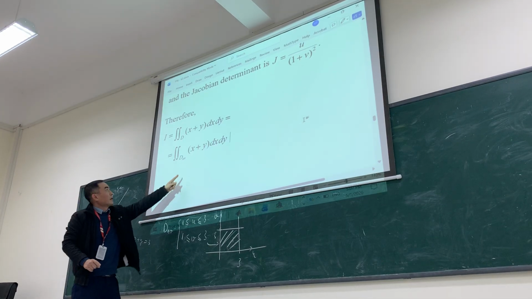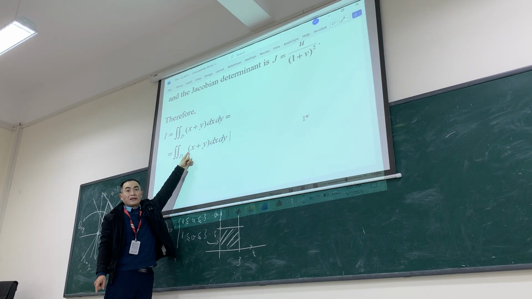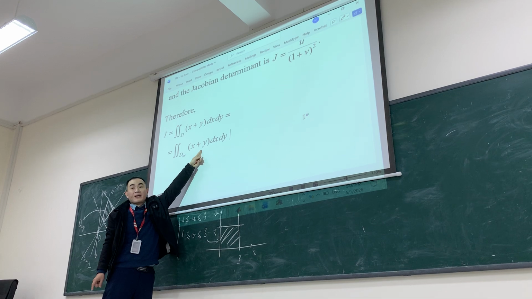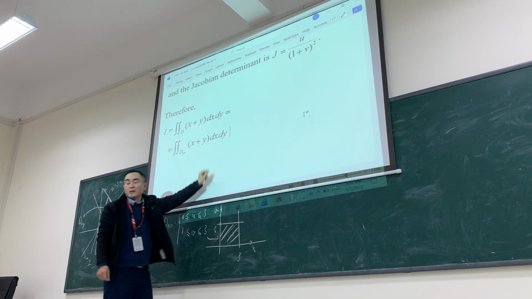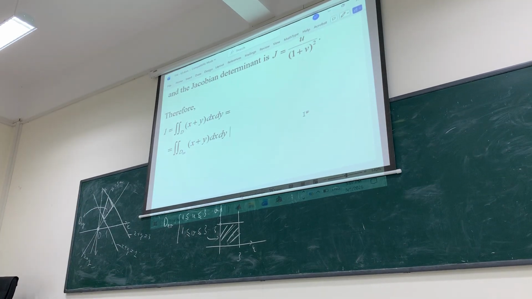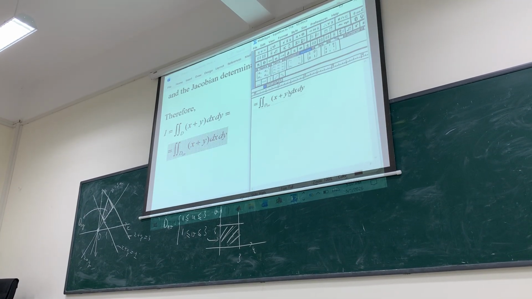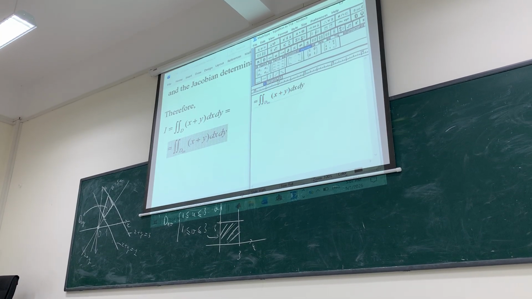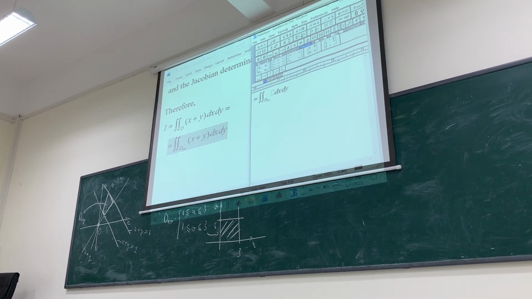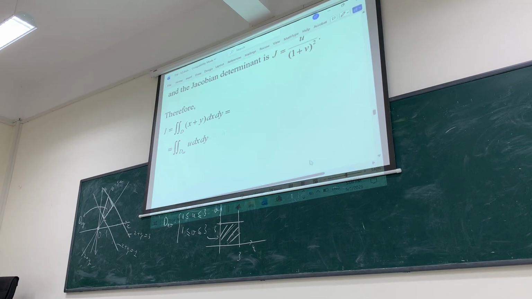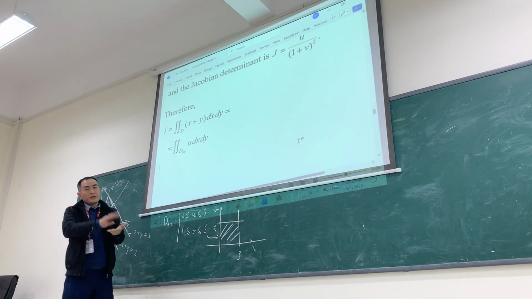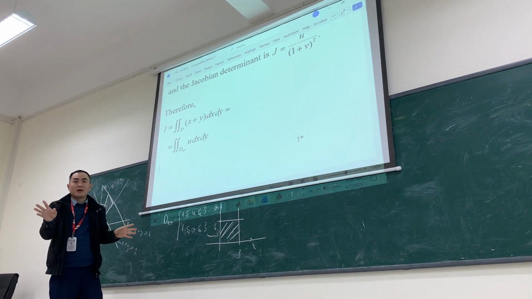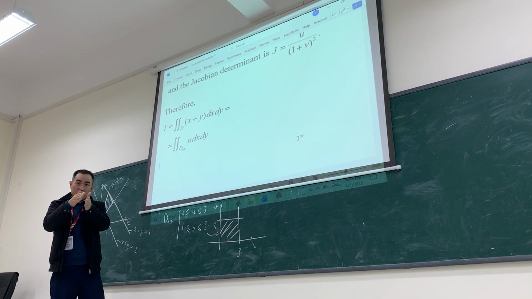To continue, we need to express X by UV, Y by UV. To continue, we change then here by U. When we change the variable, you can see from here the absolute value is the same.